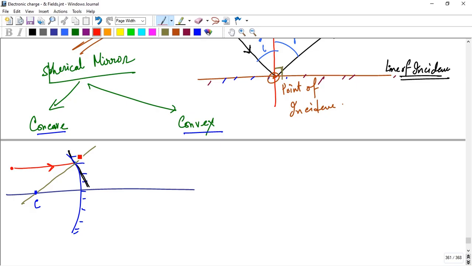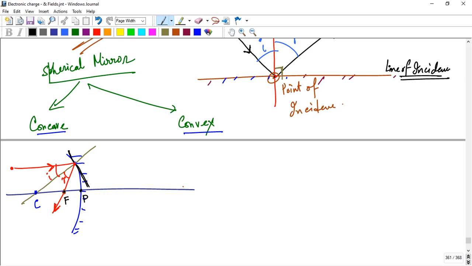After striking, the ray comes back here, and this ray is called the reflected ray, and that is the incident ray. This angle is the incidence angle, and this angle is R, the reflected angle. The reflected ray cuts the principal axis at a point called the focus, and this point is called the pole.